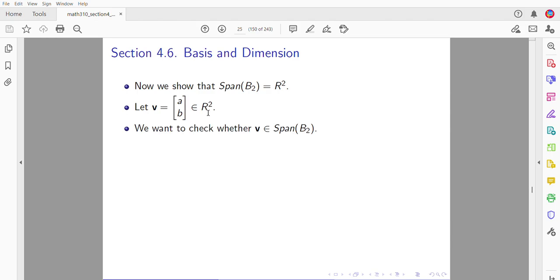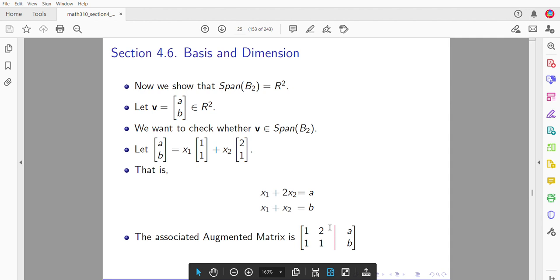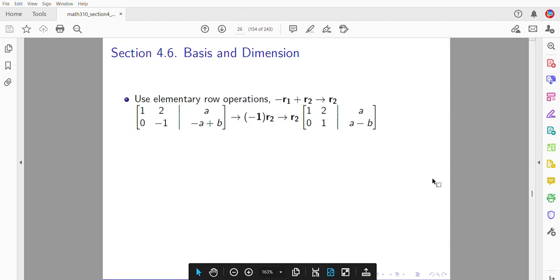We want to check whether this vector is in the span of B2. Let (A, B) equal x1 times the first vector plus x2 times the second vector. So x1 plus 2x2 is A, and x1 plus x2 is B. Augmented matrix: 1, 2, 1, 1, with A and B. We want to use elementary row operations.